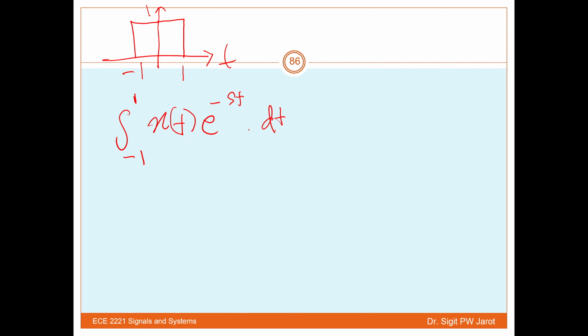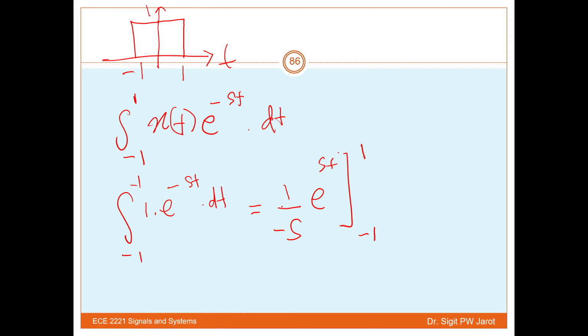So what is x(t) here? x(t) will have the value of 1, so we integrate 1 times e to the minus st dt from minus 1 to 1, which is equivalent to 1 over minus s times e to the minus st from minus 1 to 1. If we substitute here, we get e to the s minus e to the minus s, divided by s.